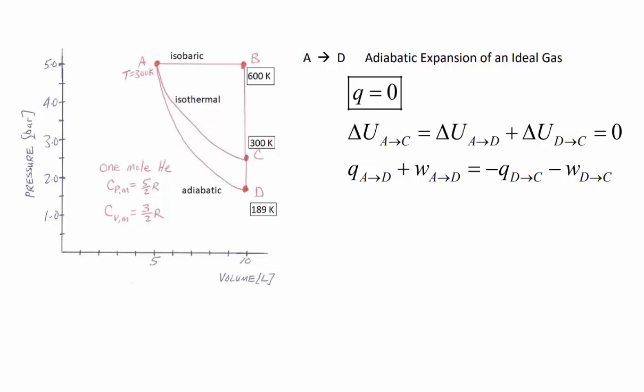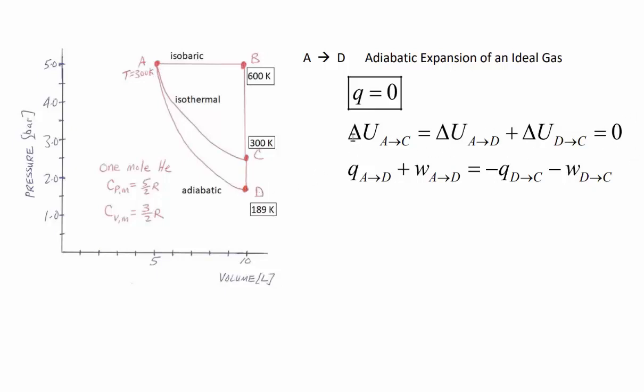It's a slightly easier way to solve for this quantity. We realize that if we go from A to C directly, or if we go from A to C through D, either way, we're going to have a net change in energy of 0.